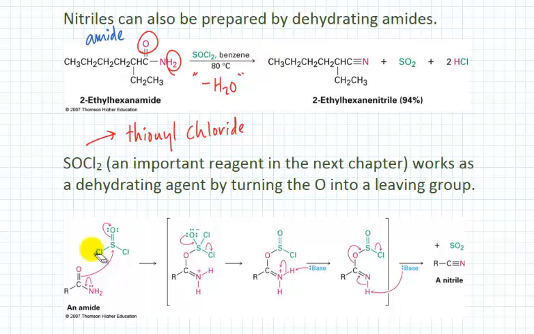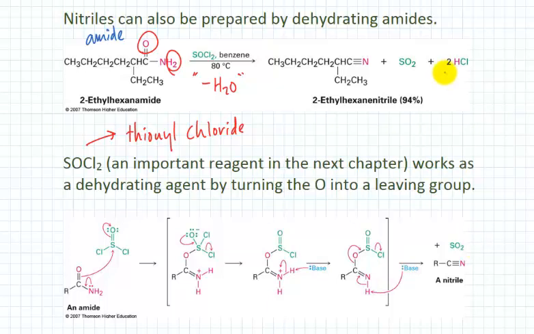What happens, here's thionyl chloride, that gets attached to the oxygen, and then the water or a conjugate base or some other base that's present can get rid of one of these H's from the amide. Then when the base removes the second H from that amide, that forms the triple bond, and that kicks out this whole thing over here. Notice we make an SO double bond, kick out a chlorine, and we get SO2 as a product.